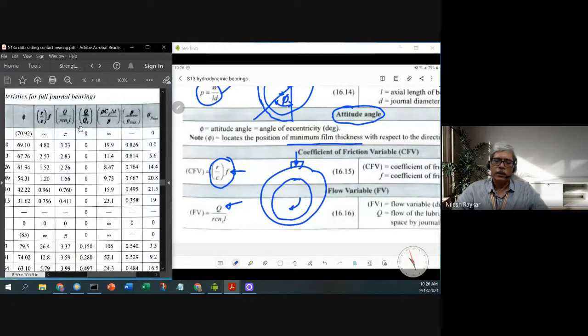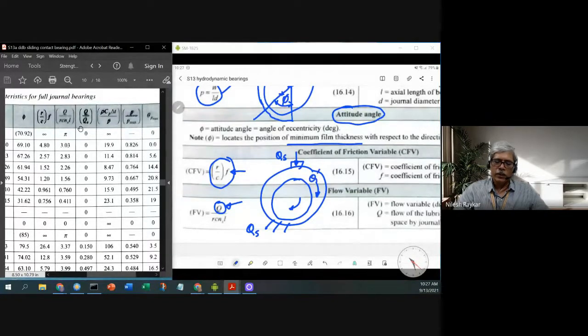That is denoted by QS, and the quantity Q here consists of some flow which is getting recirculated. Let's call that Q dash, which remains inside the bearing and keeps recirculating around the sleeve, and there is some quantity QS which is additionally supplied.